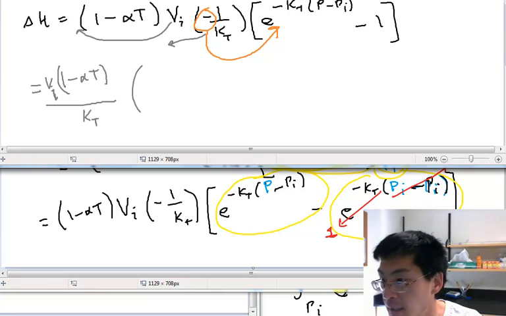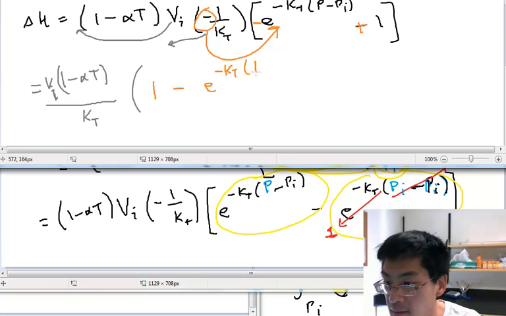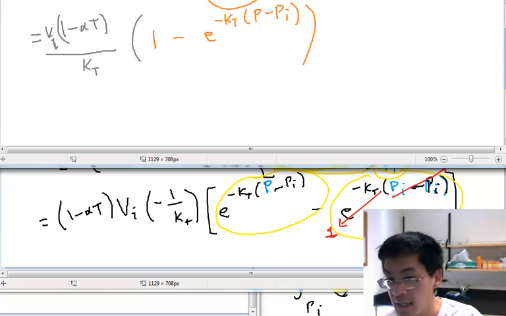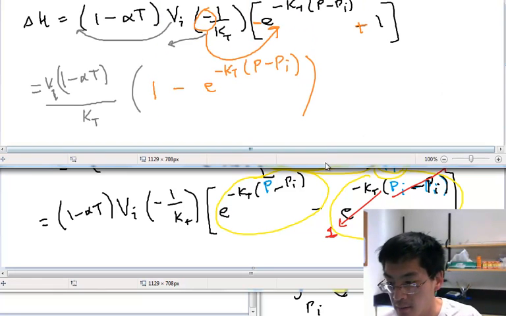And now here I have, if I put minus 1 in there, then this is times minus 1, so this becomes a plus, and this is times minus 1, so this becomes negative. So it's really 1 minus e to the minus kappa t p minus pi. Okay, so that's it. There it is.